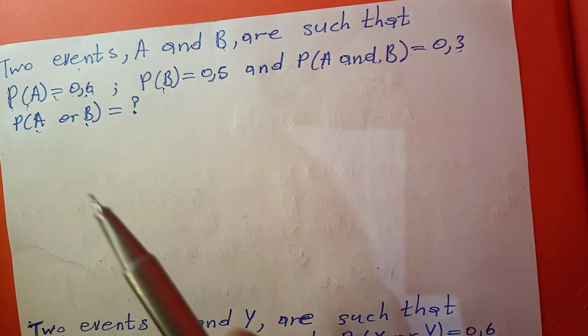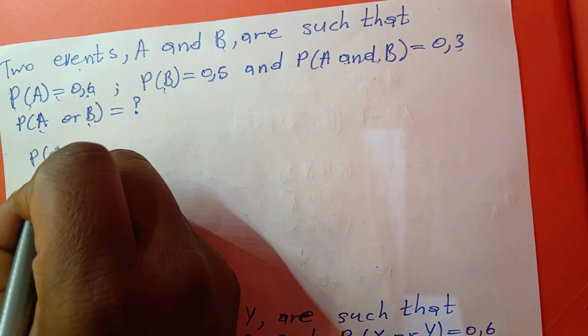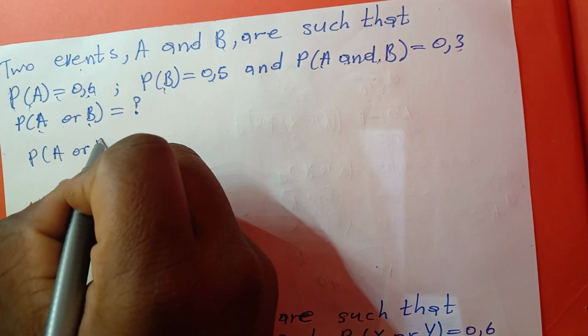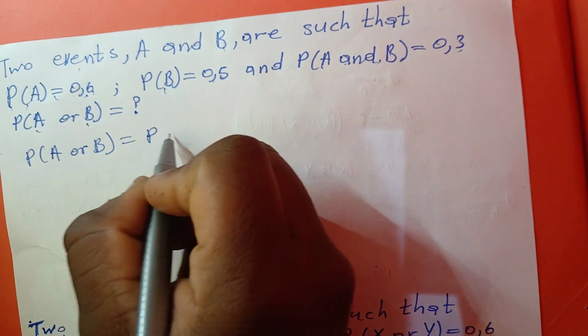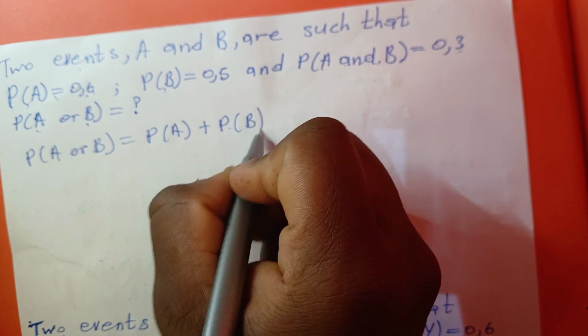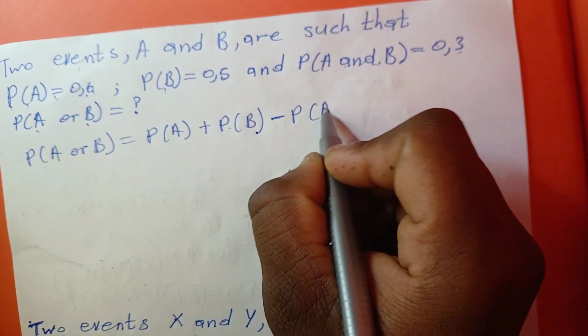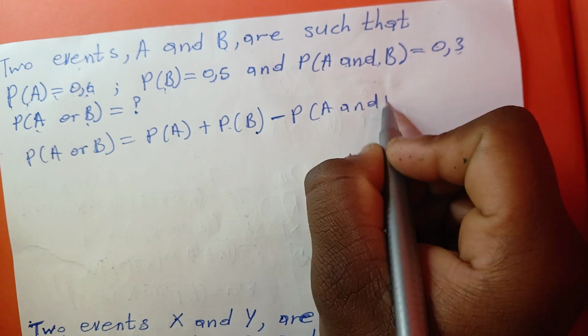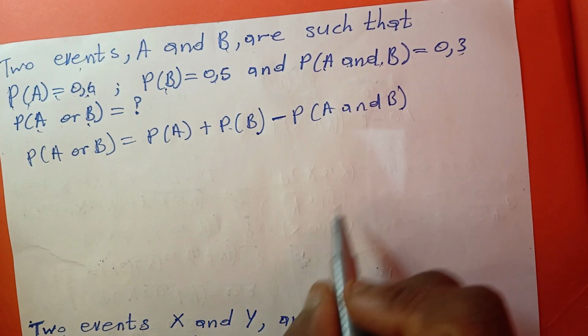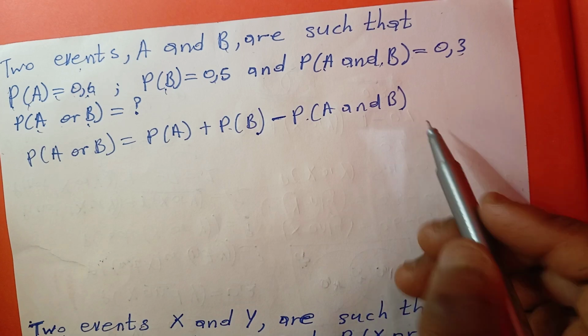So here we just apply the general equation, which says that the probability of A or B is equal to the probability of A plus the probability of B minus the intersection of A and B. The reason why we minus the intersection is because we don't want to count it twice.